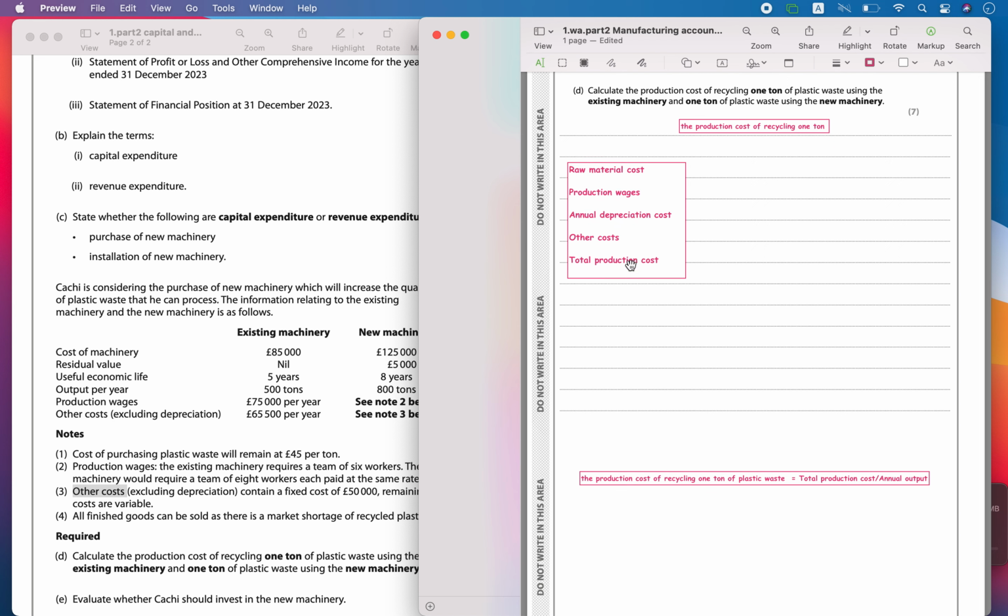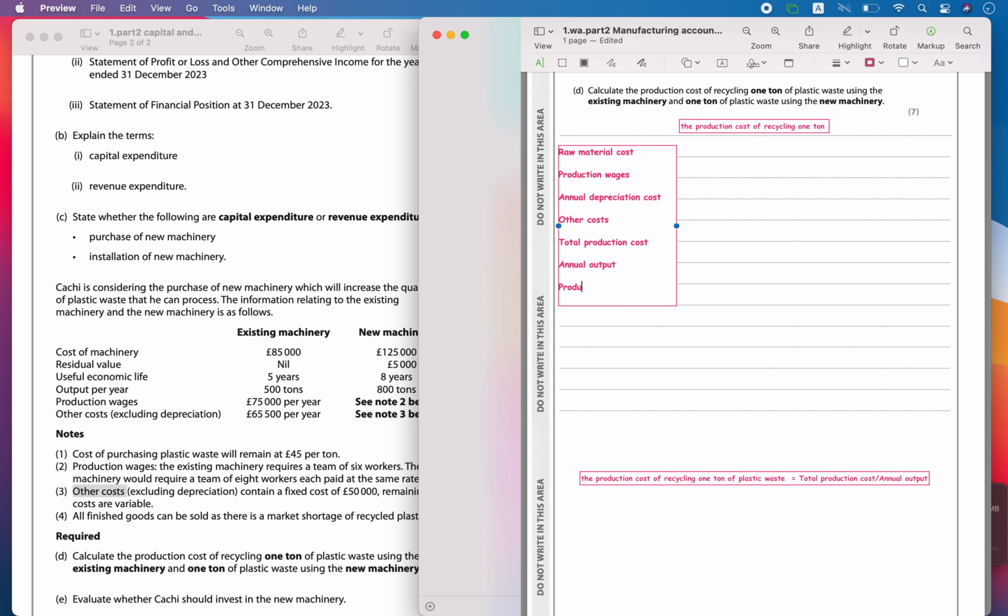Then I'll see what my annual output is, and then I will work out the production cost per ton of the machinery.